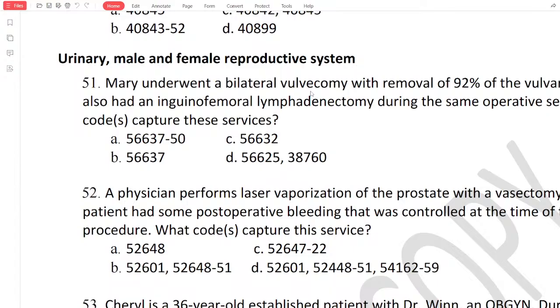She also had an inguinofemoral lymphadenectomy during the same operative session. What code captures the service? This is a most important and repeated question, so just highlight this. It is a most repeated and direct question.